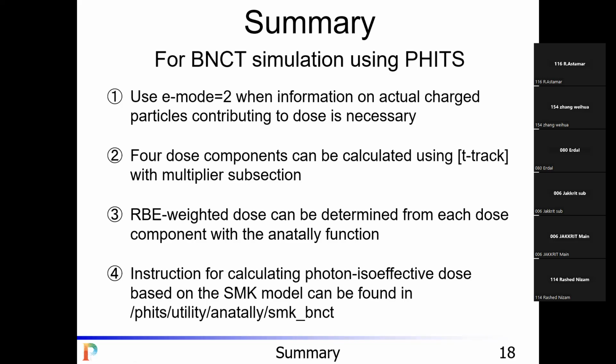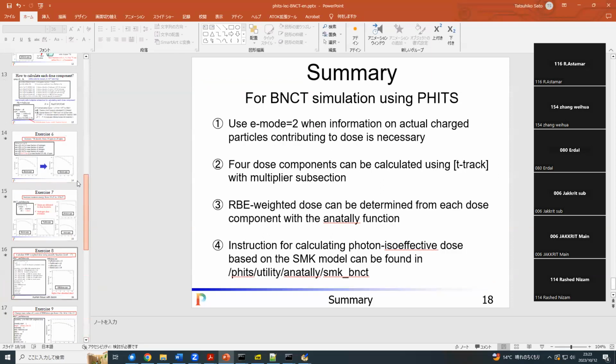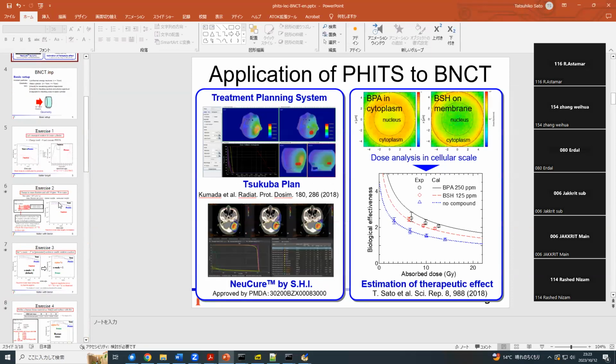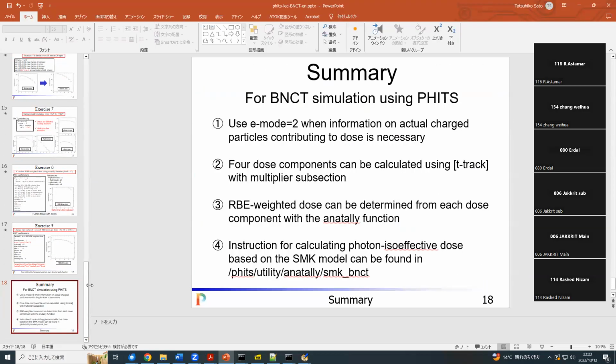And this is completely another topic. It's related to the microdosimetry topic as I showed at the beginning. So in conventional BNCT dosimetry, you can use a fixed RBE, but in reality, RBE depends in a complicated way on dose or dose rate, or sometimes on intra and inter heterogeneity of boron-10 compound.